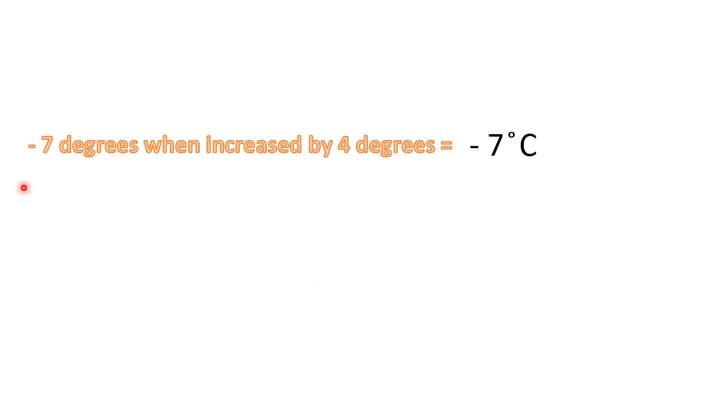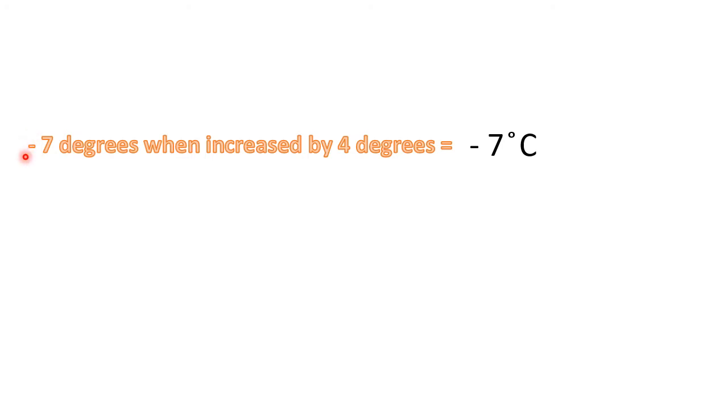So in the question, we have seen that -7 degrees Celsius is the temperature on Tuesday. We have found it out, right? Now they have told us in the second part of the question that on Wednesday, the temperature rose by 4 degrees Celsius.